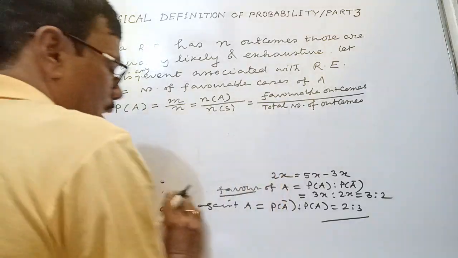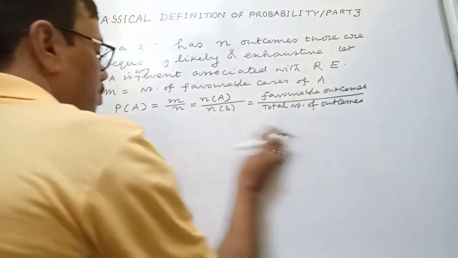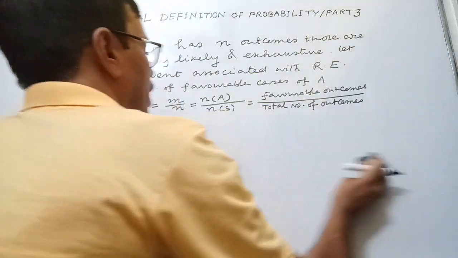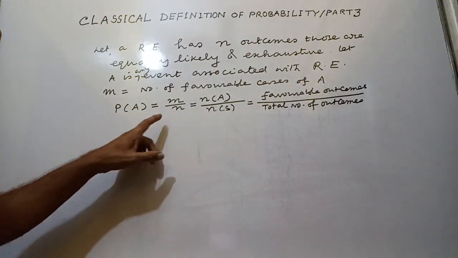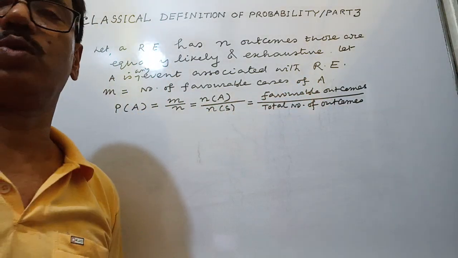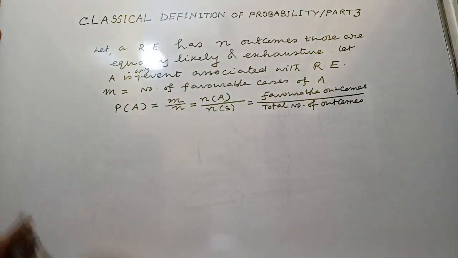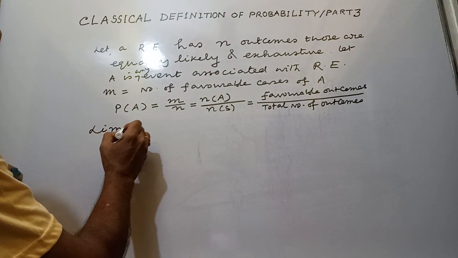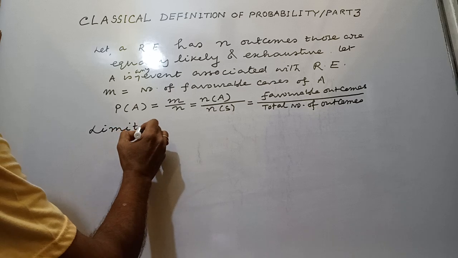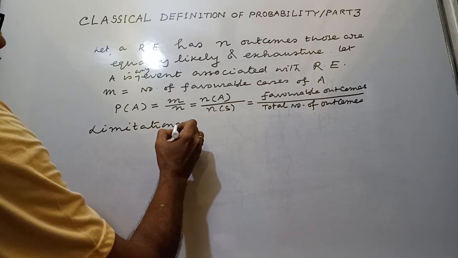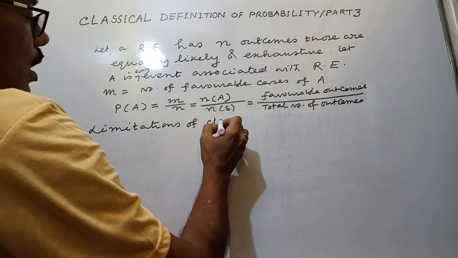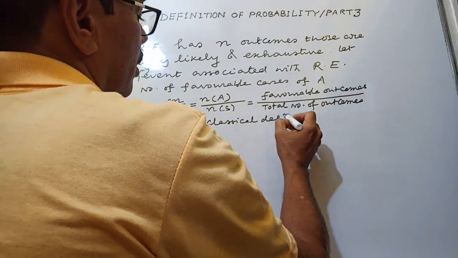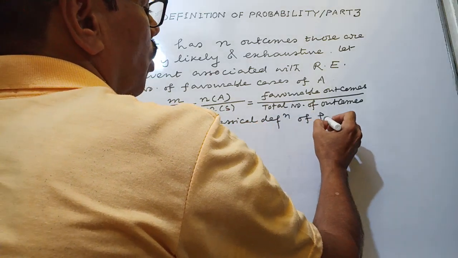So what is the classical definition of probability? P(A) equals m by n, favorable outcomes by total number of outcomes. Now the limitations or drawbacks of the classical definition of probability.